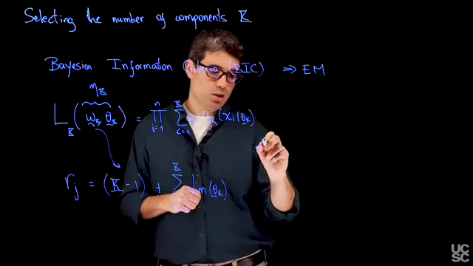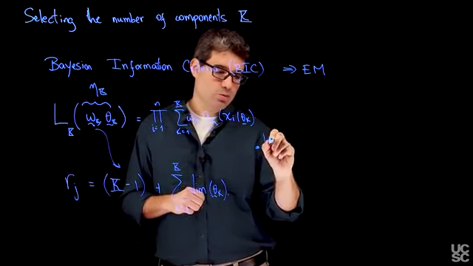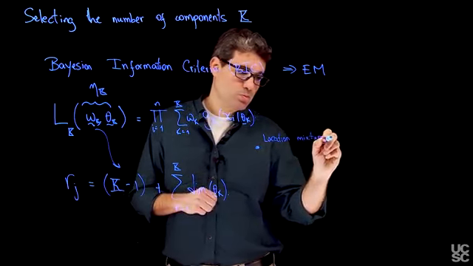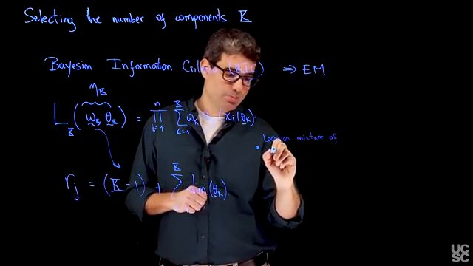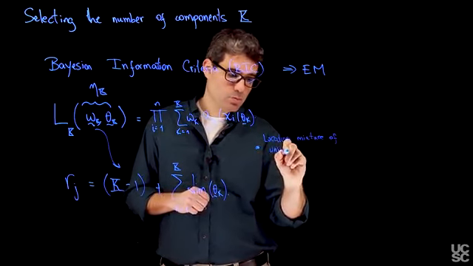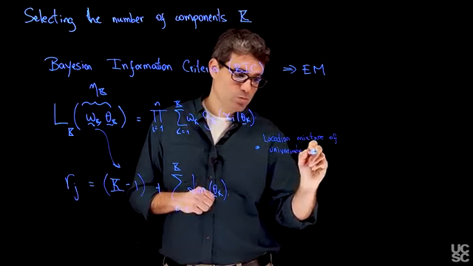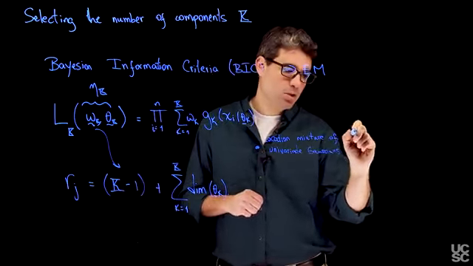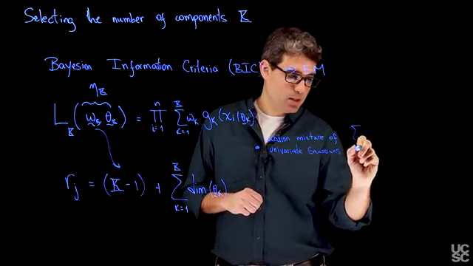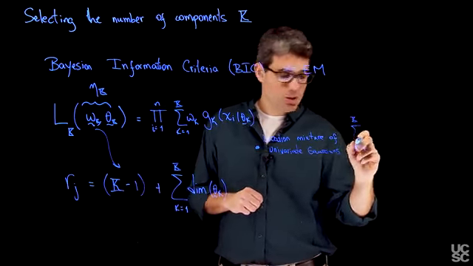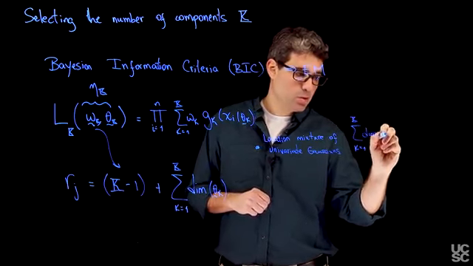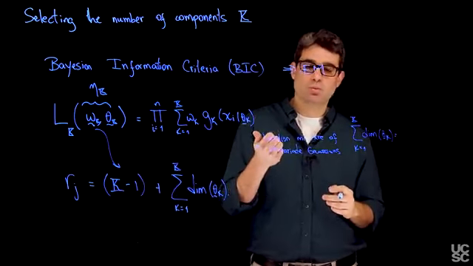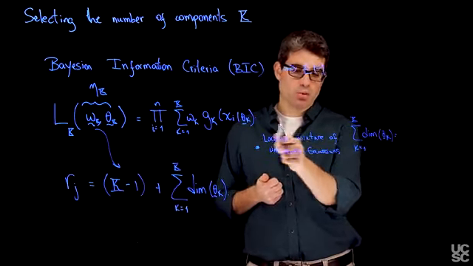So if you are talking about a location mixture of univariate Gaussians, for example, then this term that I'm calling the sum from K equals 1 to capital K of the dimension of theta K becomes, you have one standard deviation, one variance that is going to be the same because I'm only doing a location mixture.